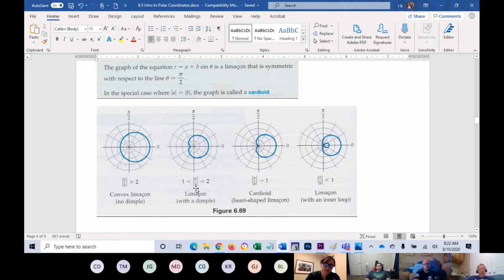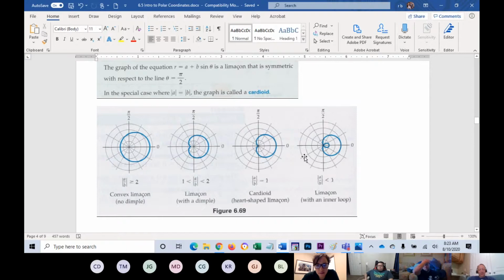If the absolute value of a over b is between 1 and 2, you're going to have a dimple here. If the absolute value of a over b equals 1, then the dimple goes through the pole. And if the absolute value of a over b is less than 1, you're going to have the inner loop with your dimple, I guess.